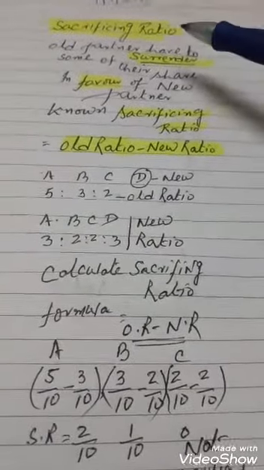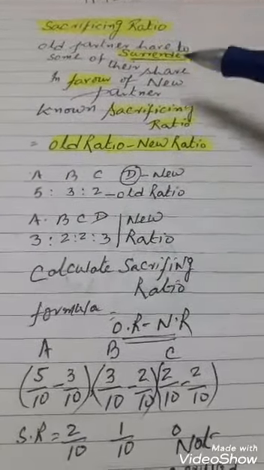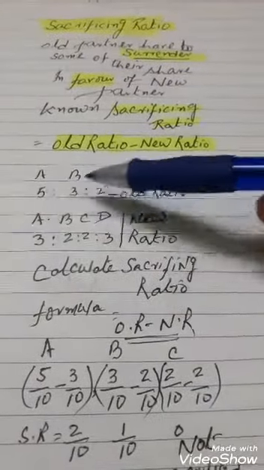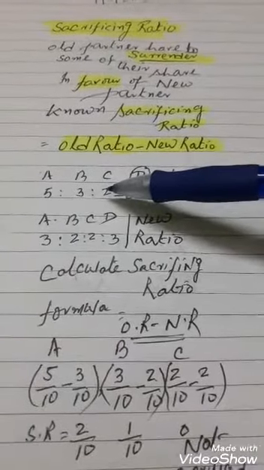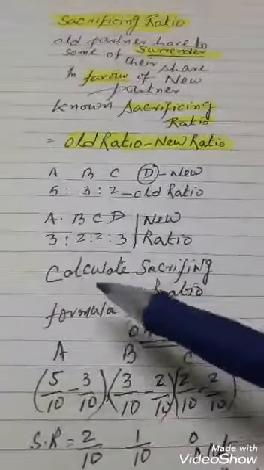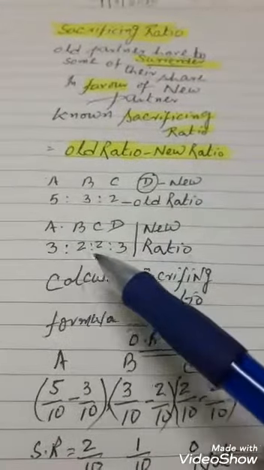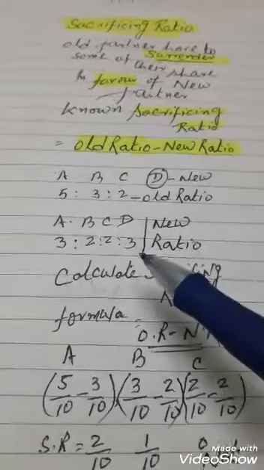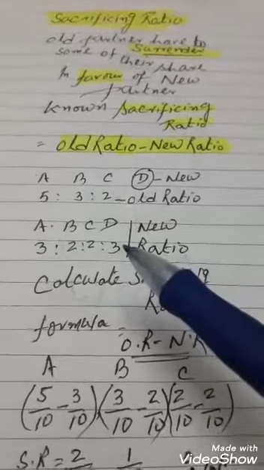The question says calculate the sacrificing ratio. The formula is old ratio, 5/10, 3/10, 2/10, minus new ratio, 3/10, 2/10 and 2/10. There will be no change in the ratio of the new partner.